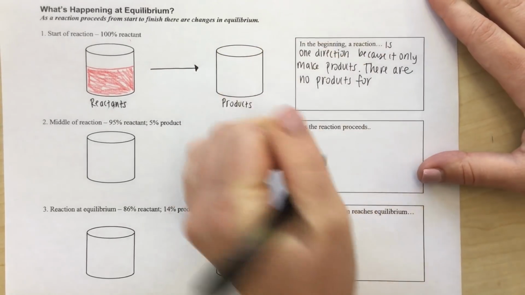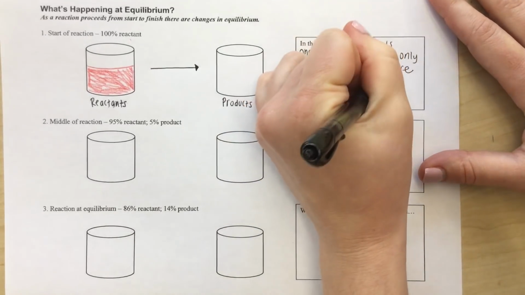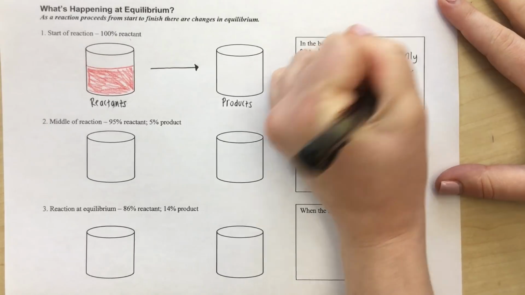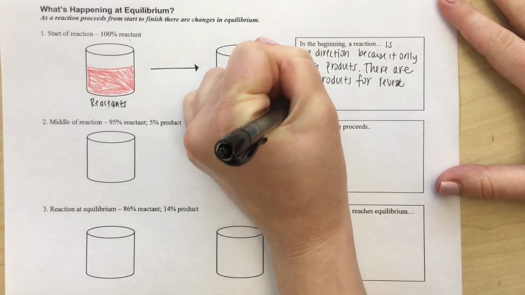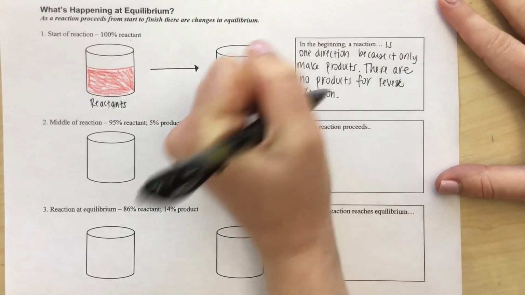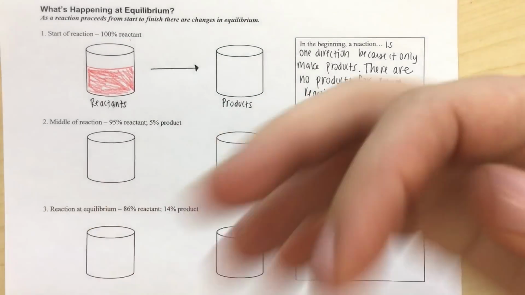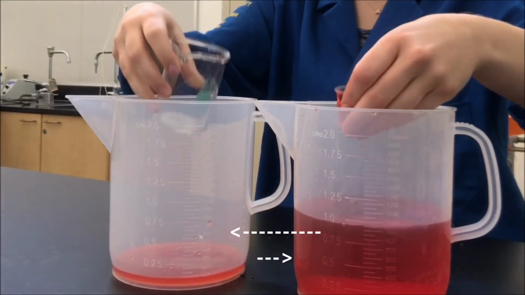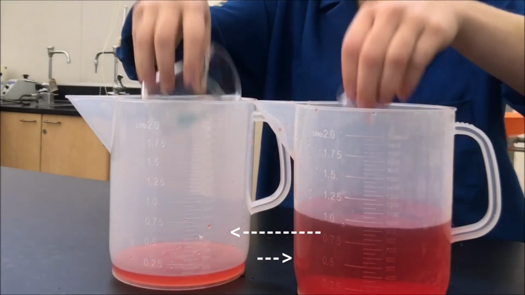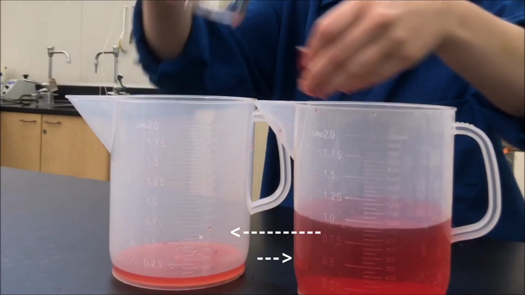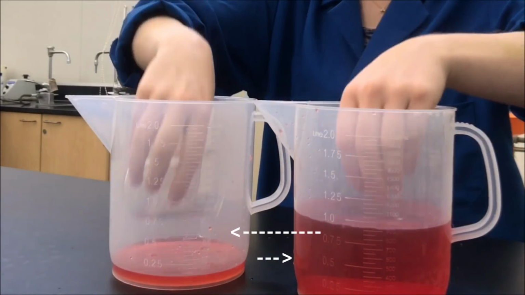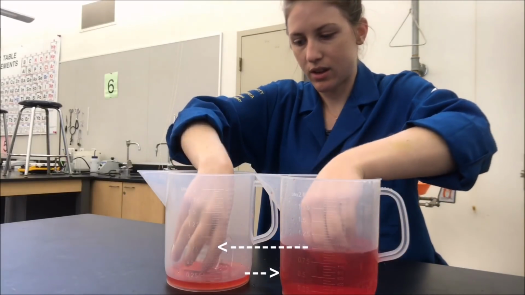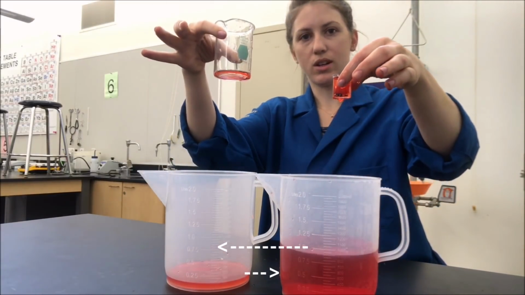So there's no products for the reverse reaction. And that makes it a one-direction reaction. As soon as there is product to be made back into reactant, the backwards reaction will happen. However, it will happen at a much slower rate due to it not being at equilibrium yet. As of right now, we can see that I'm scooping very different amounts.